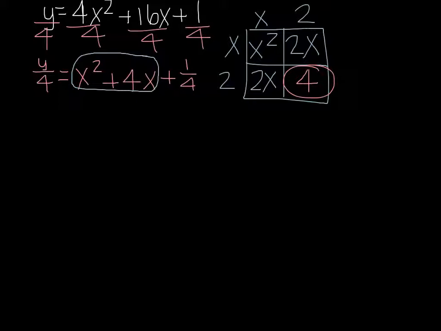Let's do our trick that we learned at the end of the last video, where we can just add 4 to each side. So we're going to add a 4 here, and we're going to add a 4 to this side.